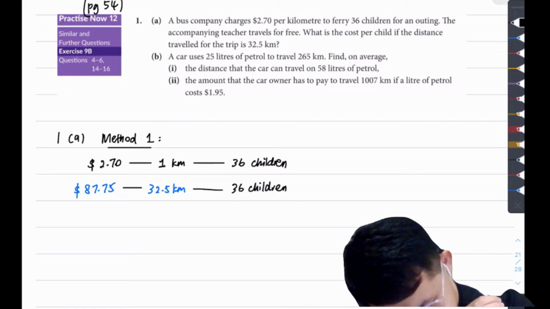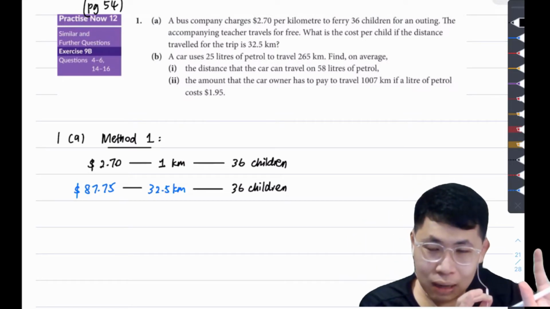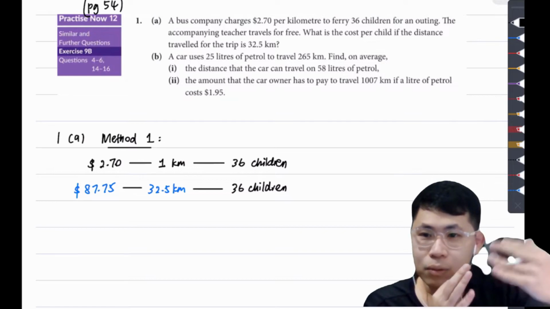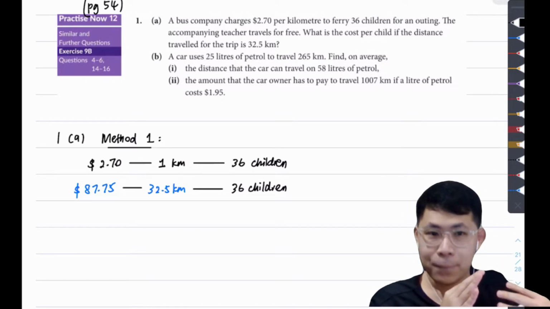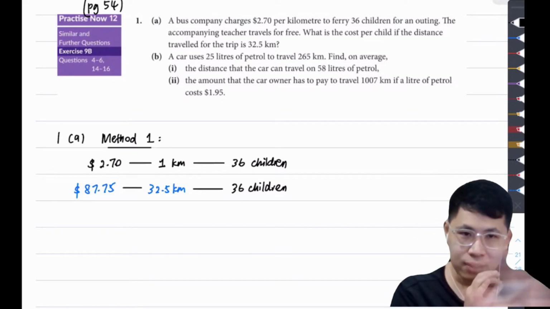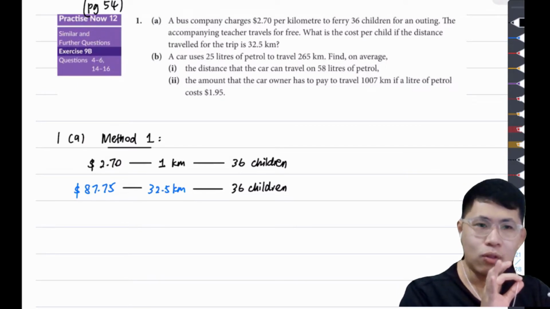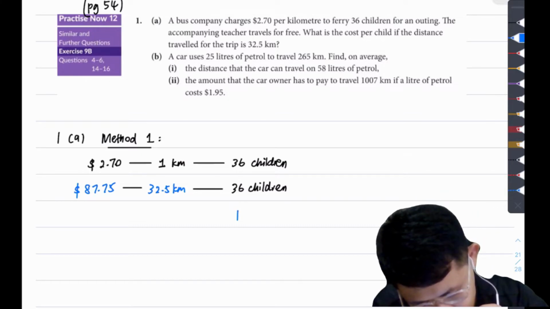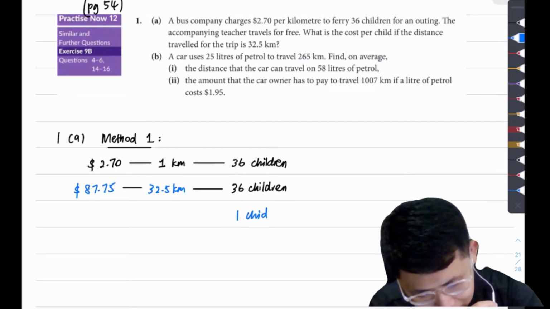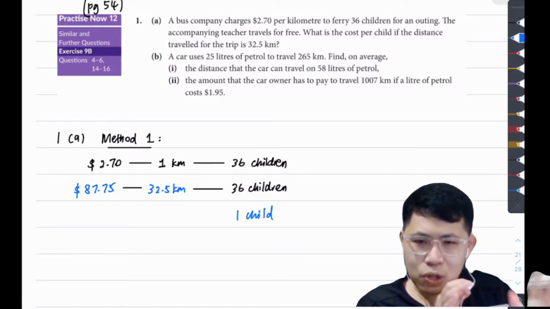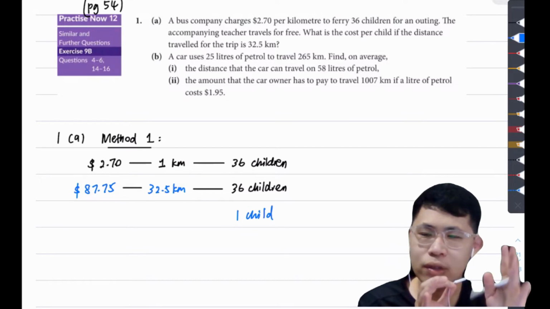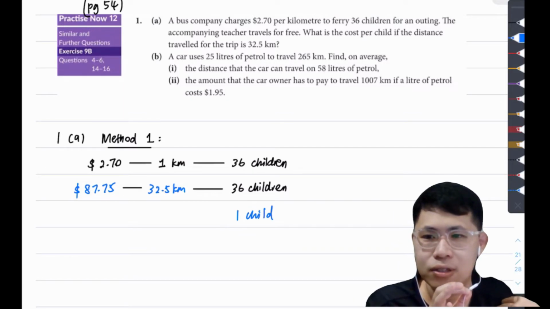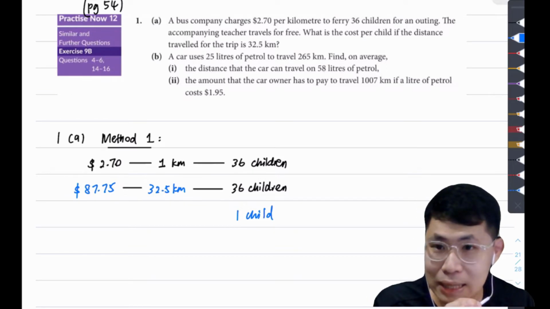So when I do this method, I'm going to keep the rest constant, and I'm going to change pair by pair. Alright, so now with this set already in mind, I'm going to look for the cost for one child. So let's divide this into one child. So I need to divide by 36. Which one do I divide? Do I divide the distance or do I divide the cost? I'm looking for how much it costs, so I'm going to divide the money by 36.